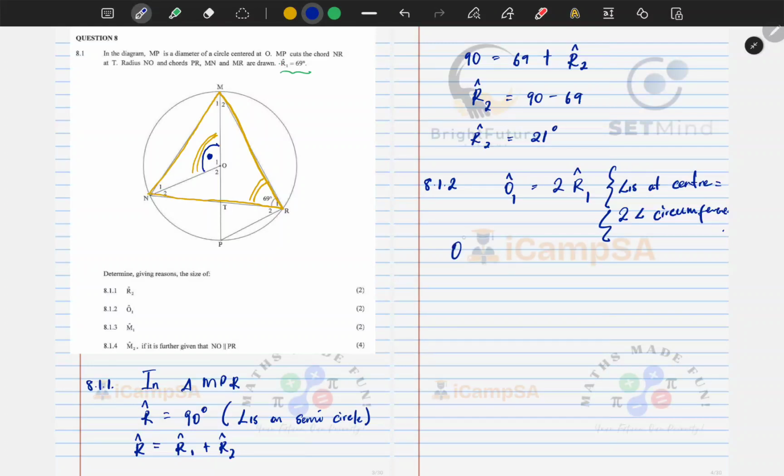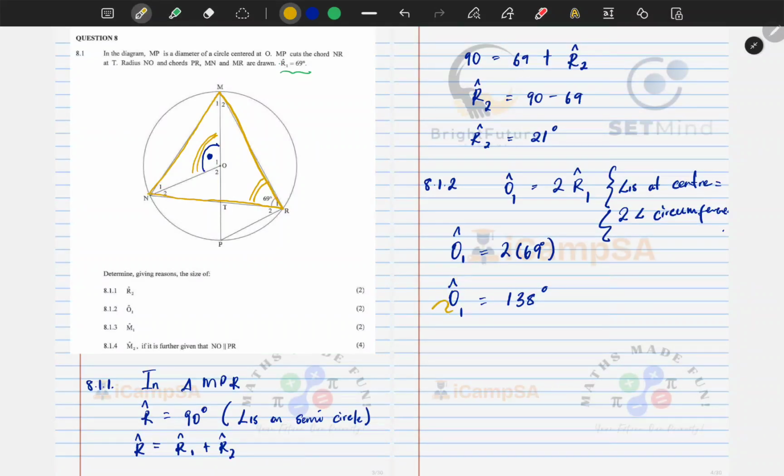And then from here we are just going to say O1 is equals to twice, what is R1? R1 is 69 degrees, right? And then from here we just say 2 times 69, that's going to give us 138, right?